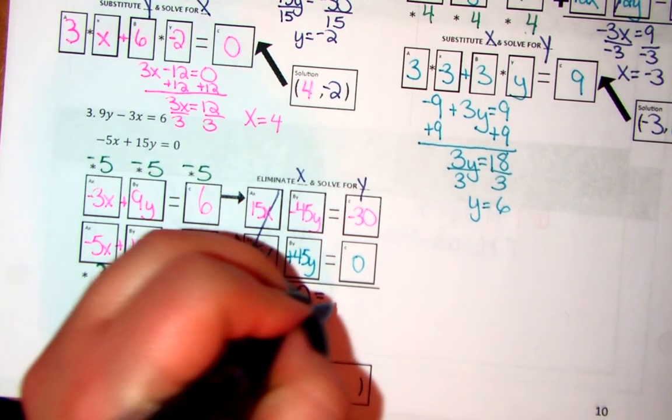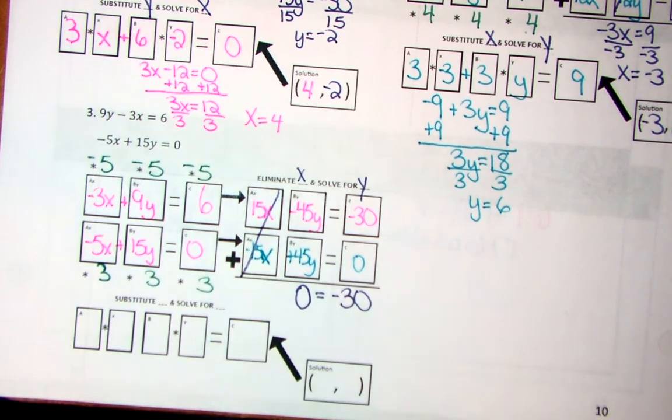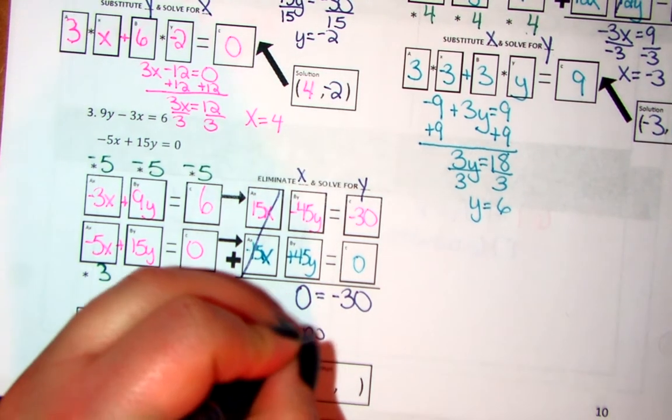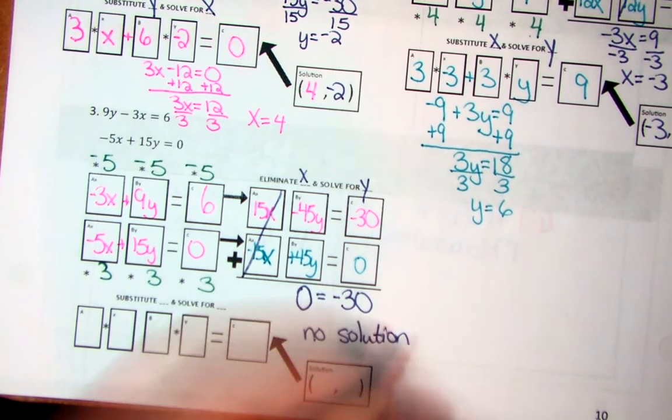Negative 30 plus 0 gives me negative 30. So since they add together and create a false statement, our solution should be that there is no solution.